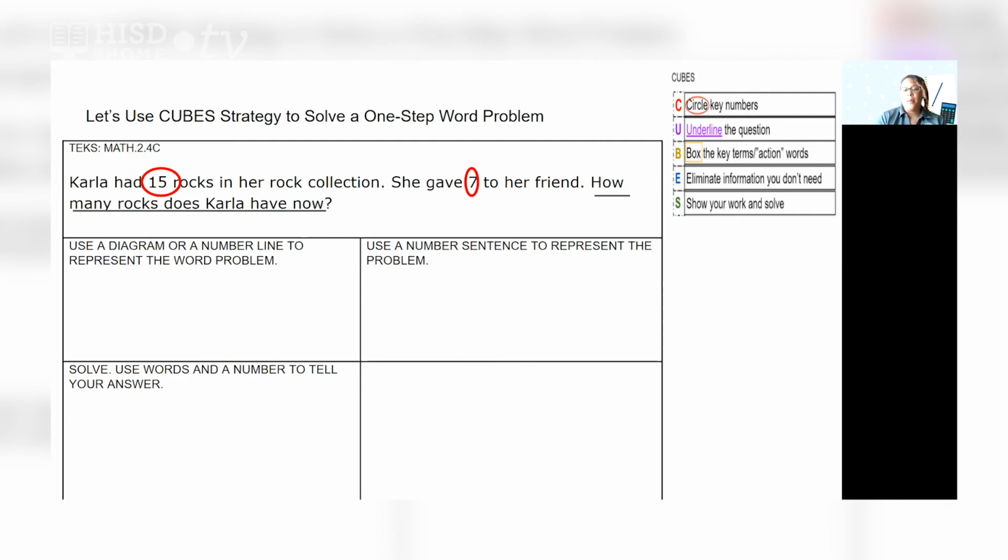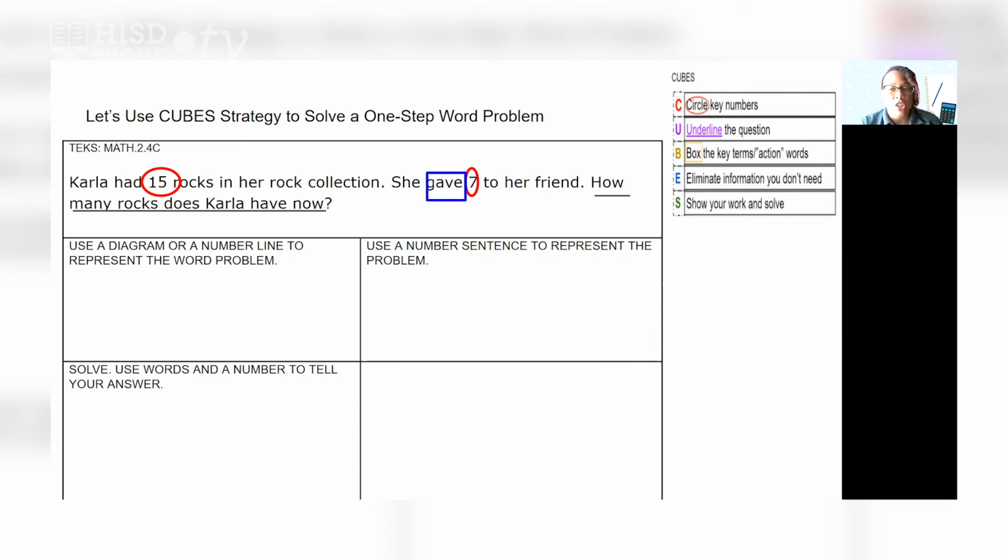My next step is to box my action words. Here I see that she gave 7. So if she gave it, that lets me know that she does not have it any longer. It's gone away. So if she gave it away, that lets me know she's losing some, not gaining.